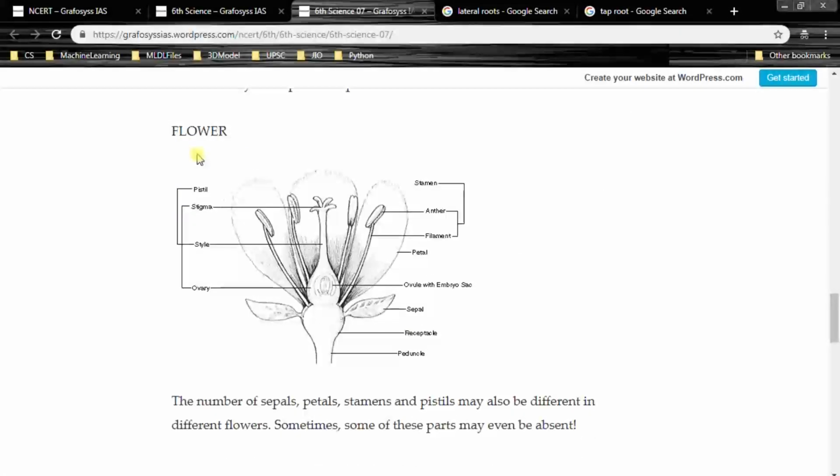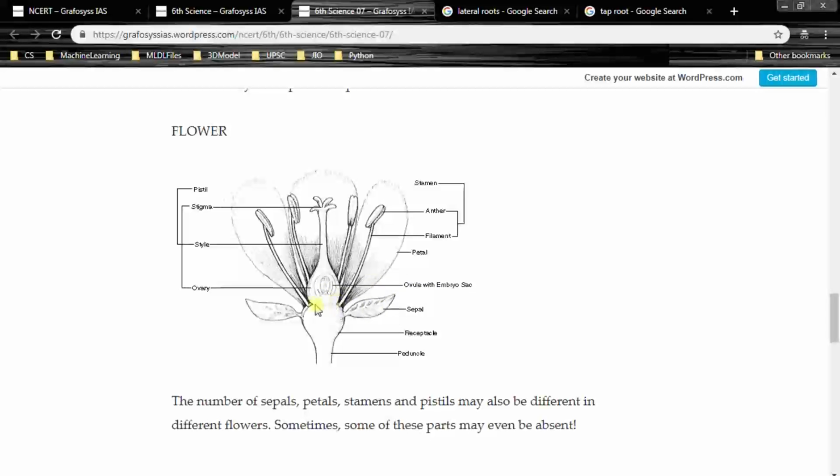So here is the flower. We don't need to remember all these things because it is given in depth. So let's understand as much as possible. Okay, starting from here. Peduncle, receptacle, sepal, this is the main thing, and ovule.